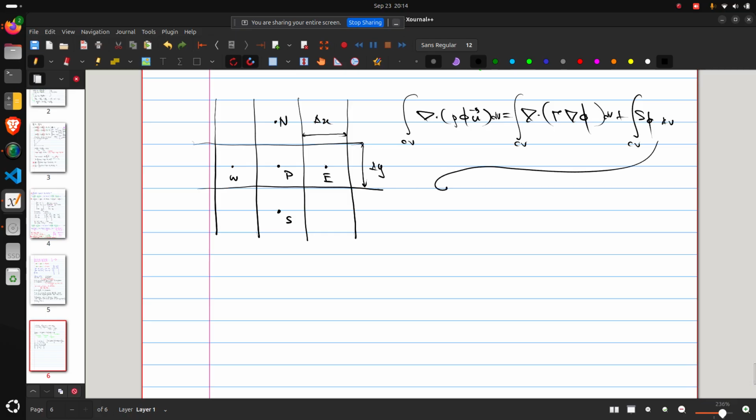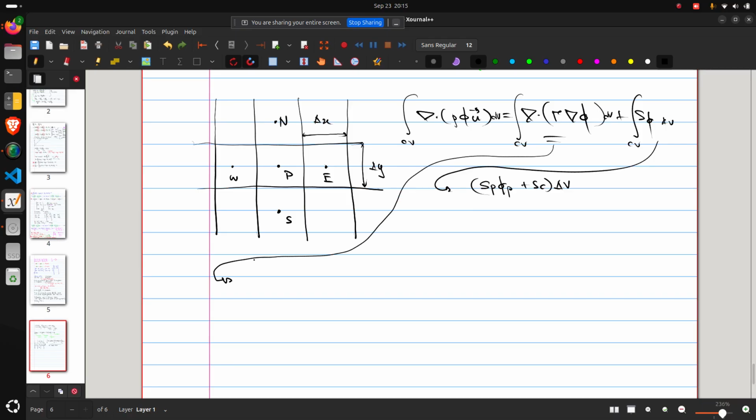This term is quite straightforward, right. You can write it as S_P phi_P plus the remaining terms, and this diffusion term we are very familiar with.